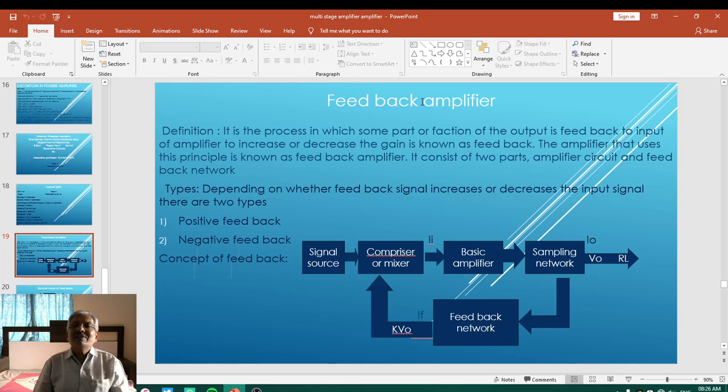Thus, we can say feedback amplifier consists of two parts. One is amplifier and second one is feedback network. Here the role of amplifier is to increase the strength of weak signal, and the role of feedback network is to feed the part of the output back to the input.